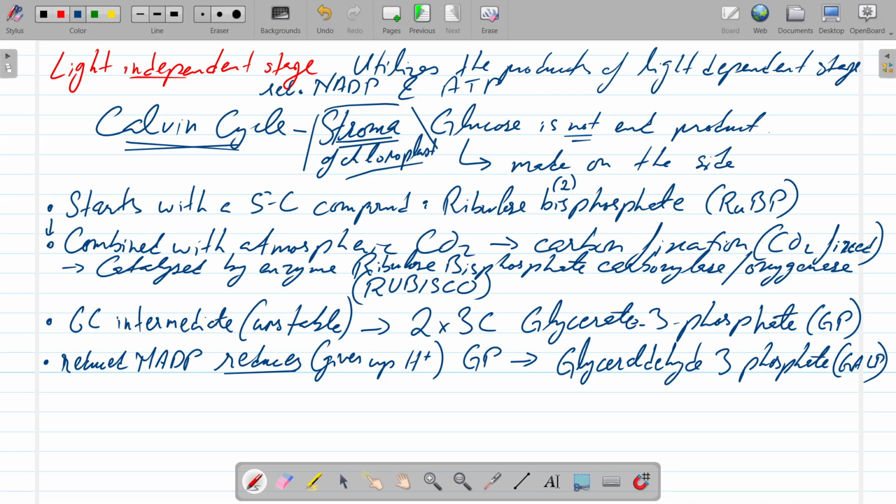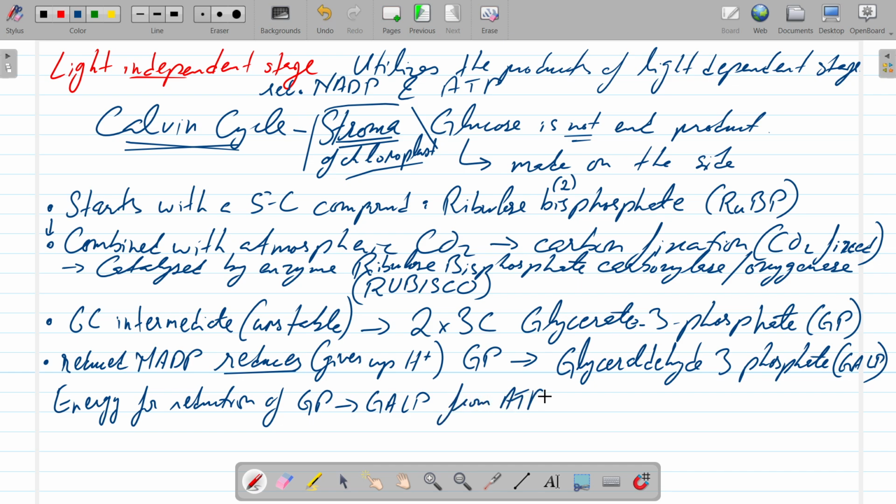And so GALP is the main end product. Oh, and by the way, the energy for the carbon fixation and the reduction, well, actually not all of them, in particular the reduction of GP to GALP, the energy for reduction of GP to GALP is from ATP, the same ATP from the light dependent stage.